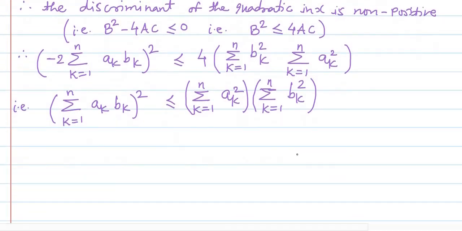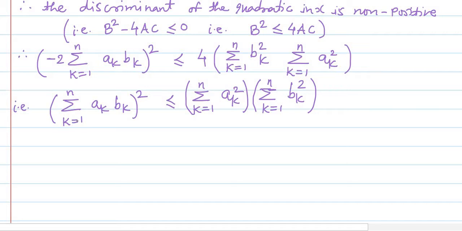Further, it can be written as, now if you observe, the left hand side is a square of a real number, which means that it is non-negative, and right hand side is again the product of two non-negative numbers, which is again non-negative. So as both the sides are non-negative, we'll take the positive square root of both sides.